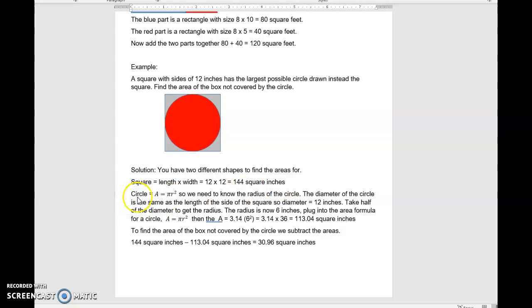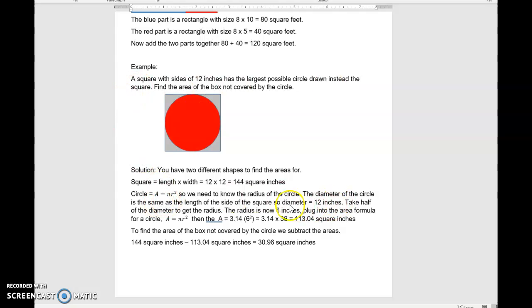Now to find the area for the circle, we know that the area is equal to pi r squared, but we're not given the radius of the circle. What we're given is that the diameter of the circle is the same as the side of the square, because we said it's the largest possible circle drawn inside the square.